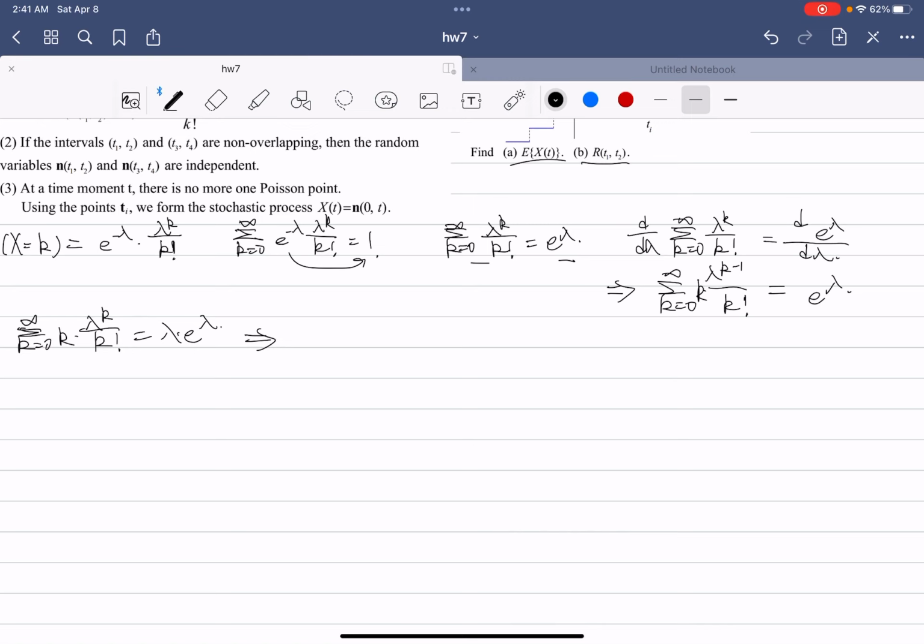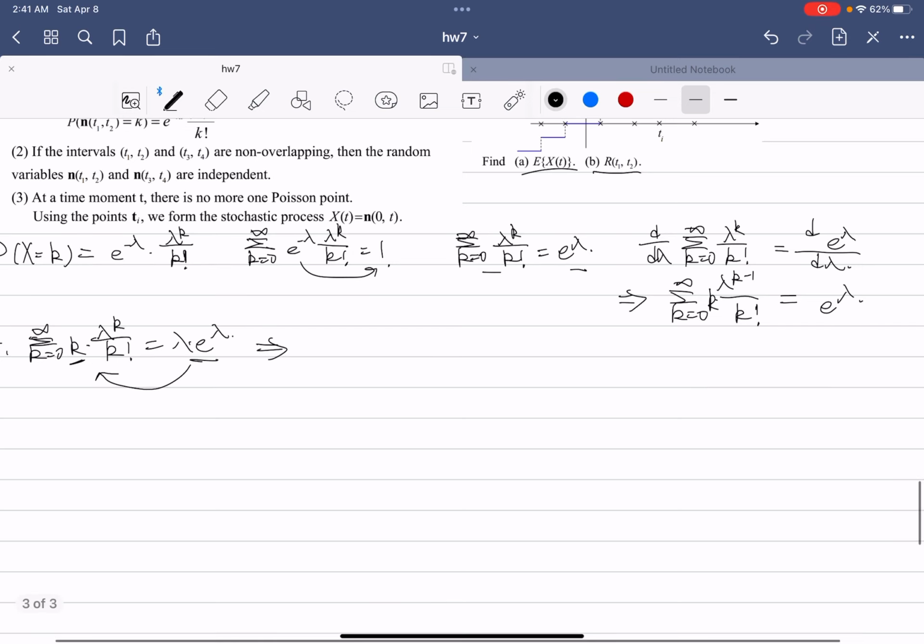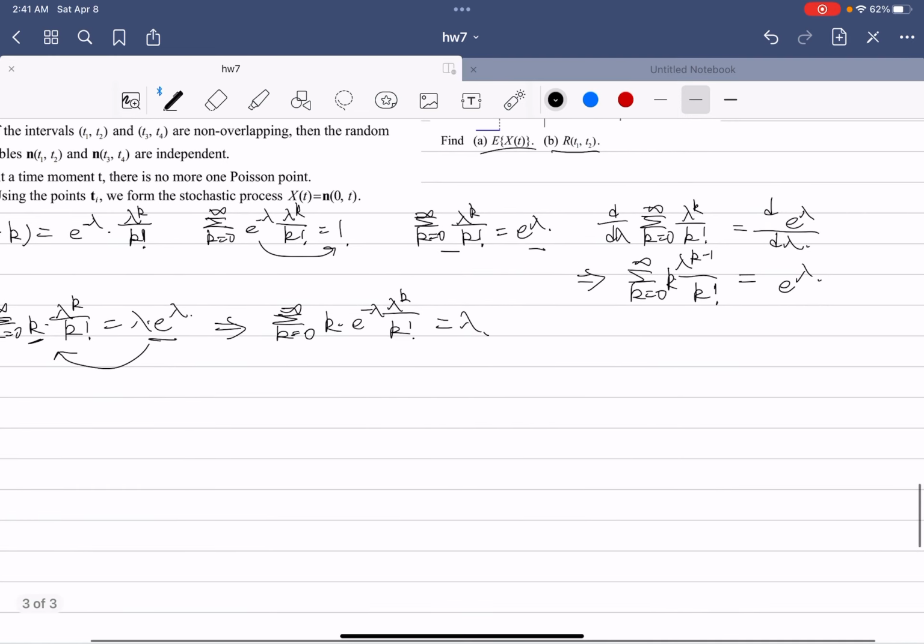That's the sum from 0 to infinity of k times e to the power of negative lambda and lambda to the power of k divided by k factorial, which will be lambda.